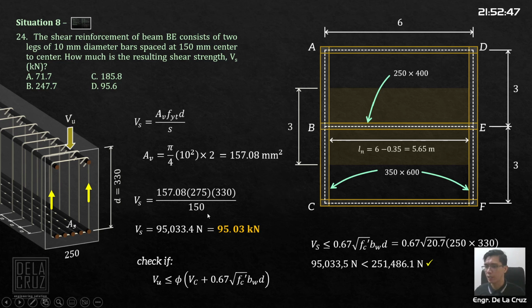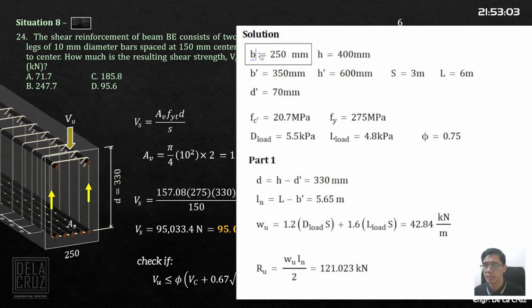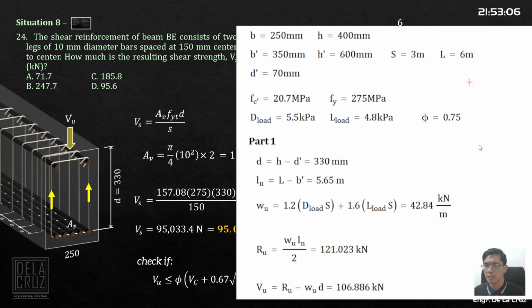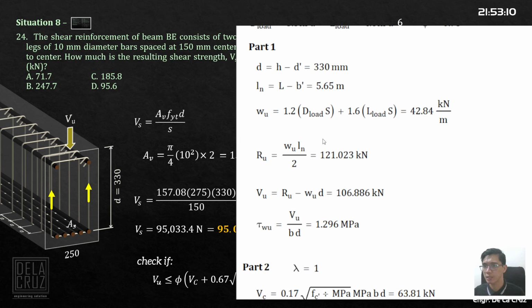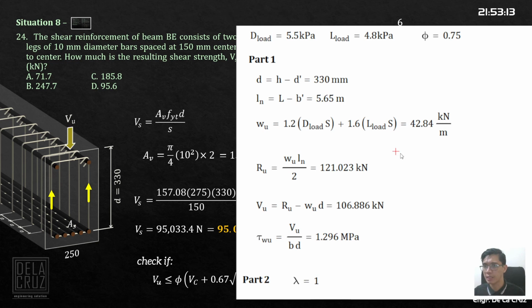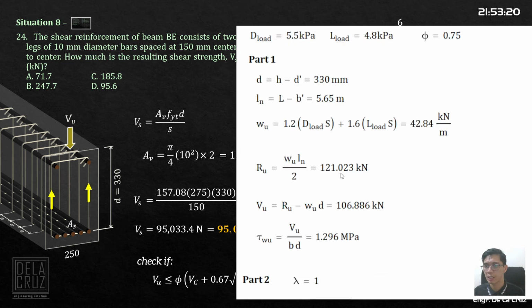Okay? Alright, so, makita natin yung ating MathCAD program dyan sa solution for this problem. I have it here. Yeah. Ito. So, nilagay ko na yung mga givens. Yan. Again, ito yung makikita natin kung bago-baguhin natin yung values. For example, yung L na 6 meters talaga yung gagamitin natin.